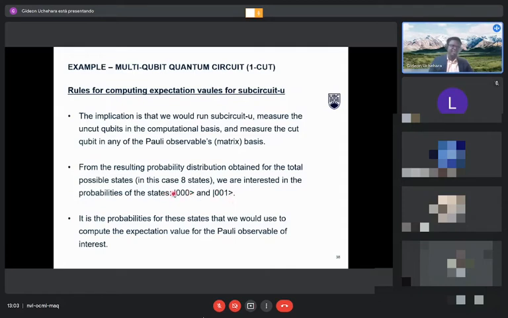So we have to compute the probability for this state, the expectation value given these states 000 and 001. It is the probability for this state that we would use to compute the expectation value for the Pauli observable that we are measuring the cut qubit with.